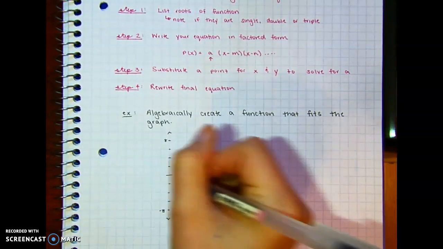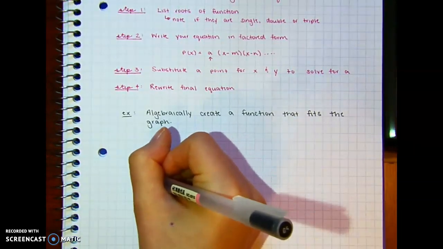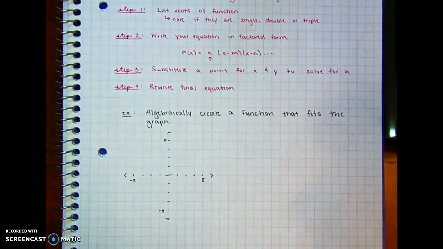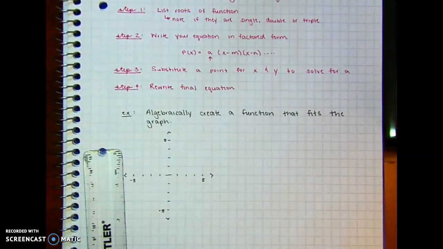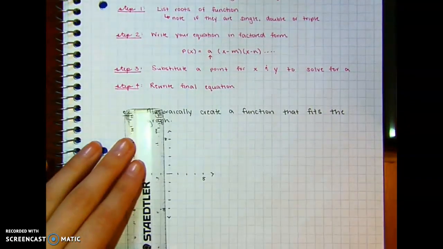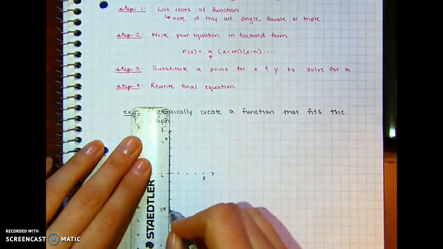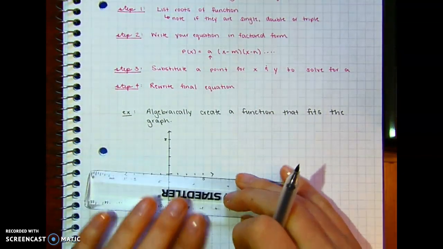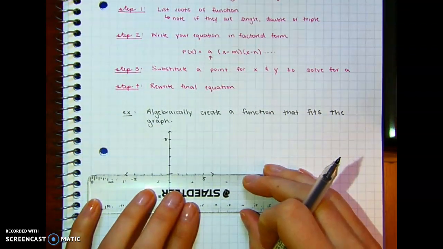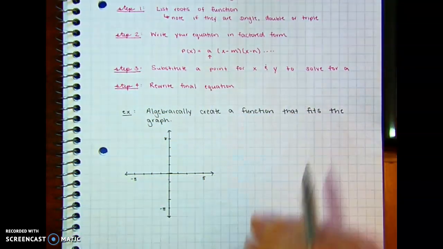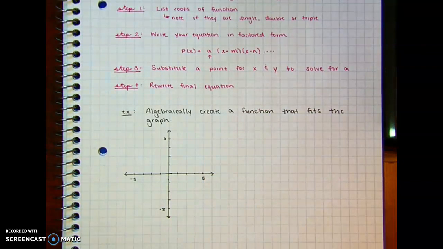Careful when you have a scale change. 2, negative 4, negative 6, negative 8. Okay, straight edge. And now we need to plot some points and then do your best to make the graph like mine.